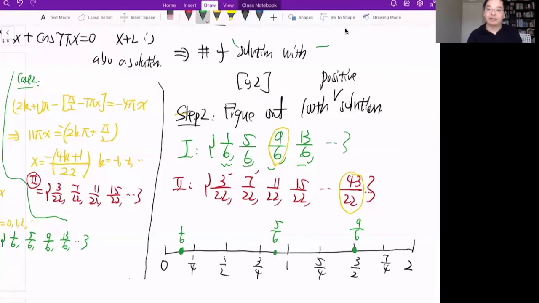So we have 3 from category 1, and then we look at category 2. The first one is right here, 3 over 22. The next one is 7 over 22. If we do the calculation, you will see 1 over 6 is less than 7 over 22, which is clear.